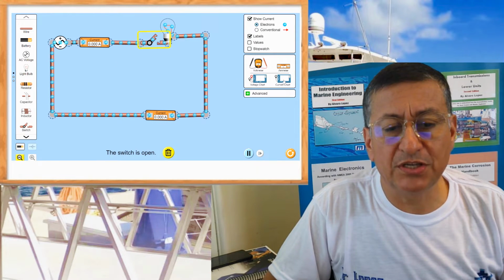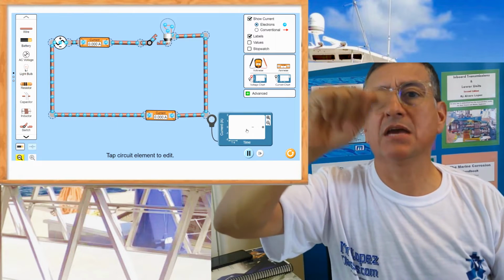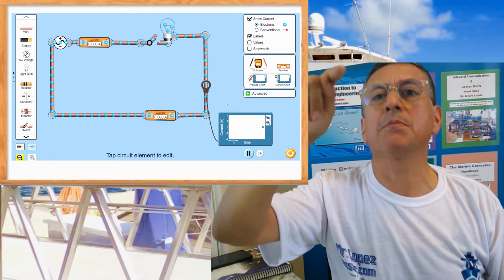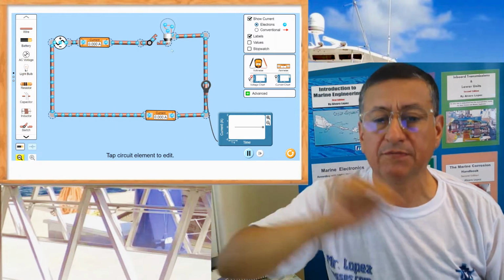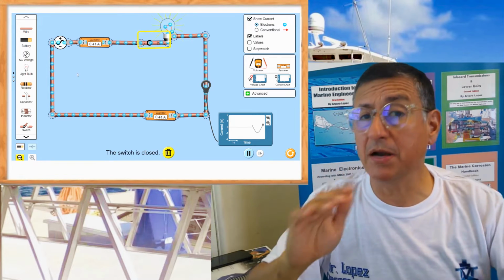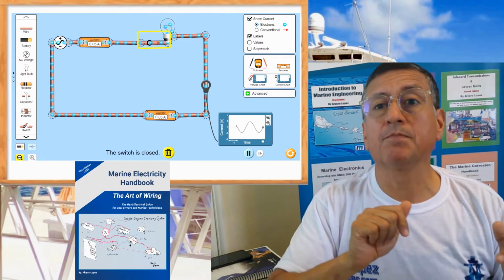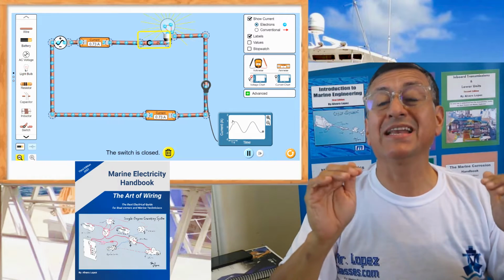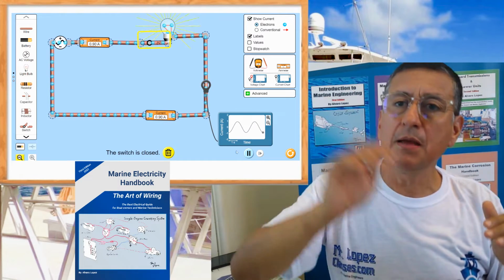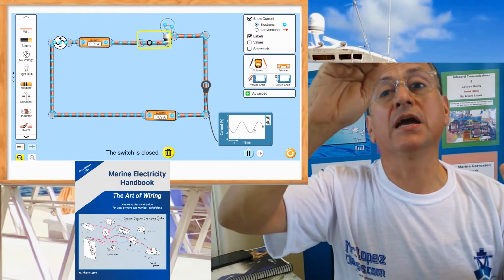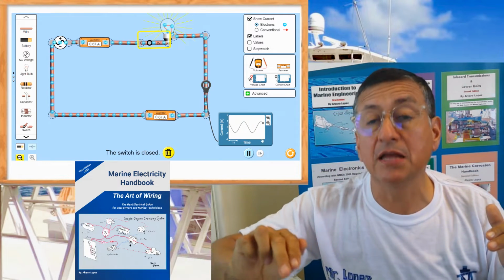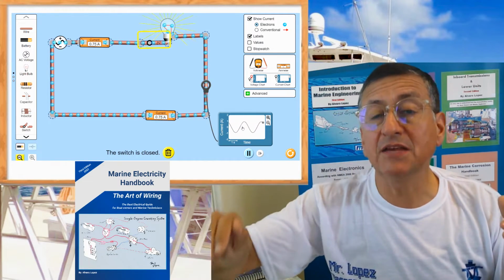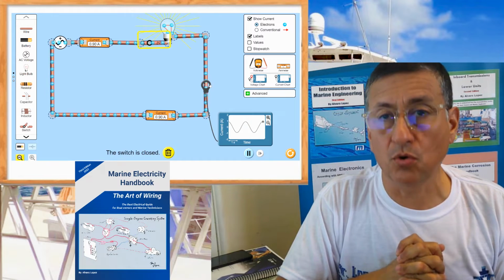AC current, you see the shape of the current, the sinusoidal signal: positive, negative, positive, negative. If you remember, in my book of marine electricity, the AC current is alternating current, passing from the positive side to the negative side, positive side, negative side. It is alternating current.